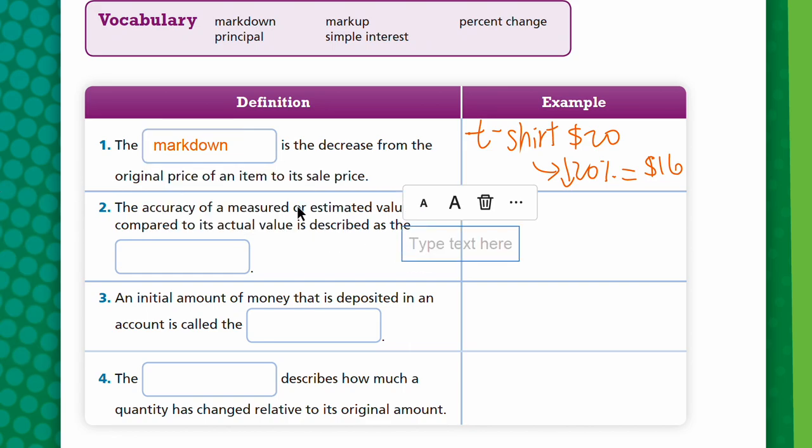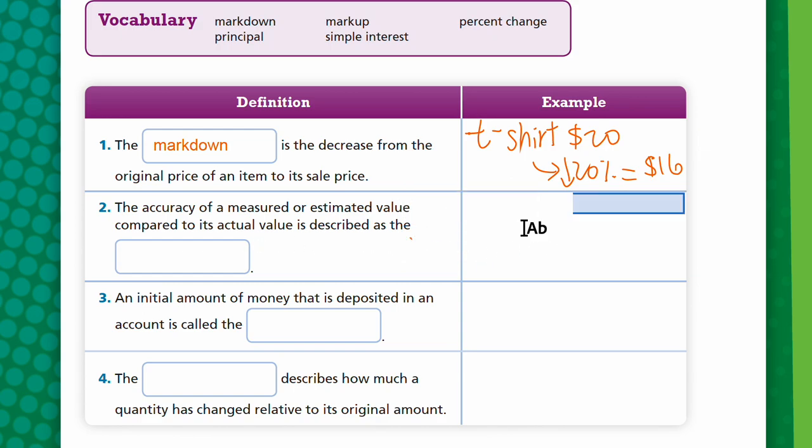The accuracy of a measured or estimated value compared to its actual value is described as the blank. The accuracy. So if we're talking about accuracy, what are we talking about? And how much it's deviated from that.